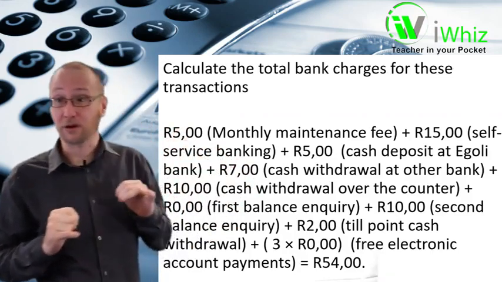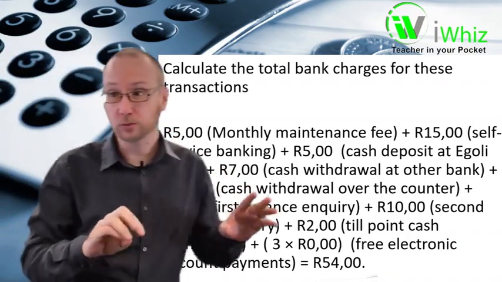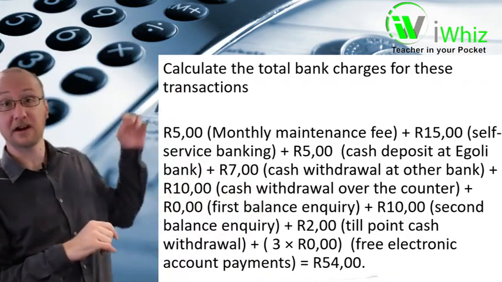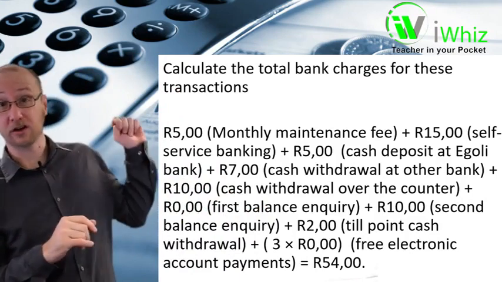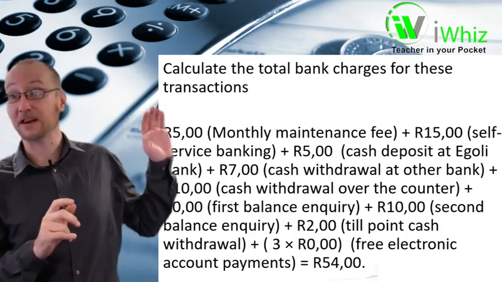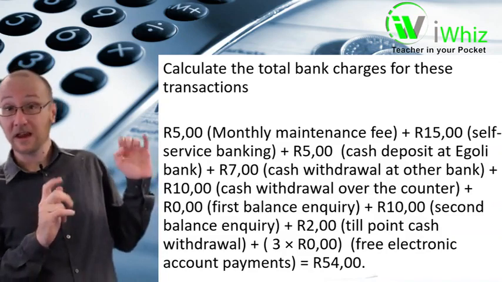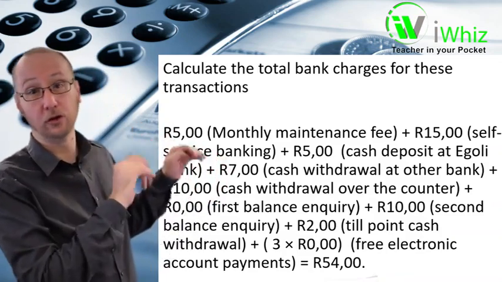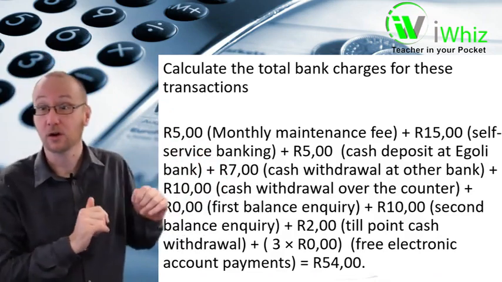So we go through the list. The first charge was his monthly maintenance fee, which was 5 Rand. So we put that in our list. So it's 5 Rand for the monthly maintenance fee. He then also gets charged 15 Rand for the self-service banking. So we add that onto our list.